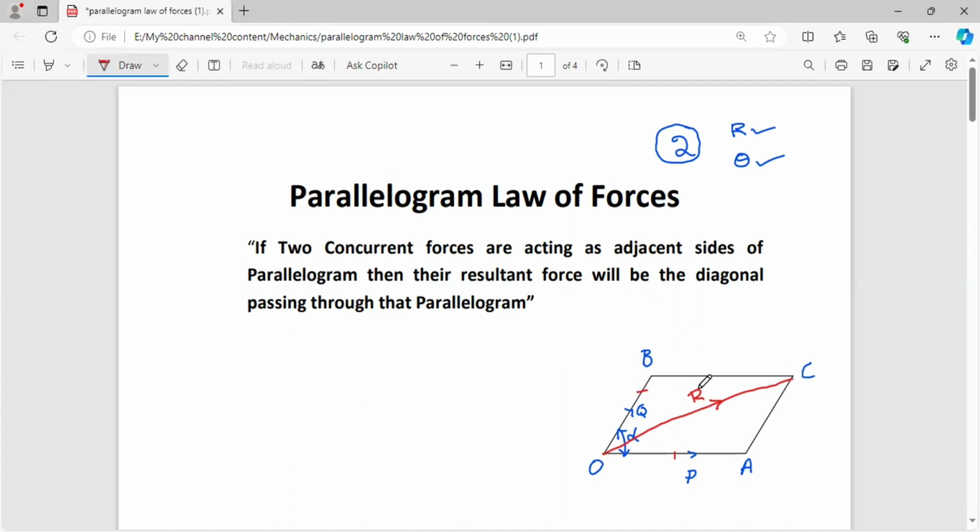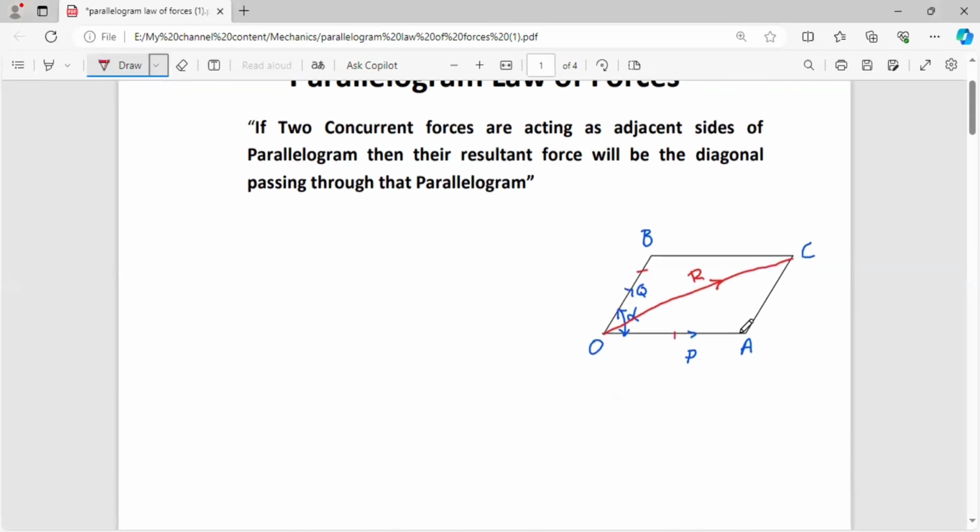Now, how can you find the magnitude of that resultant force and the direction of that resultant force? First of all, to find that, I will draw a perpendicular line. This is the perpendicular to OA. Perpendicular means it acts at 90 degrees to the horizontal.